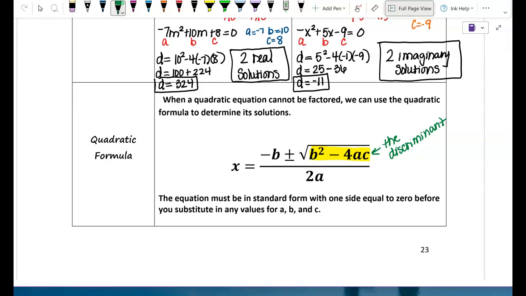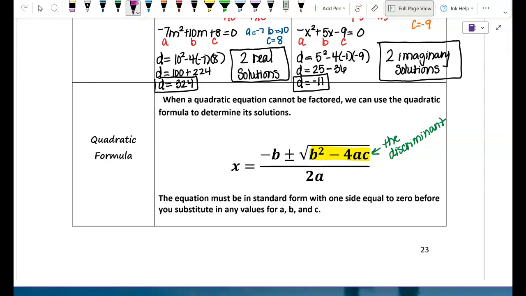So the quadratic formula is x equals negative b plus or minus the square root of b squared minus 4ac, all divided by 2a. So again, the equation must be in standard form with one side equal to 0 before you substitute in any values for a, b, and c.